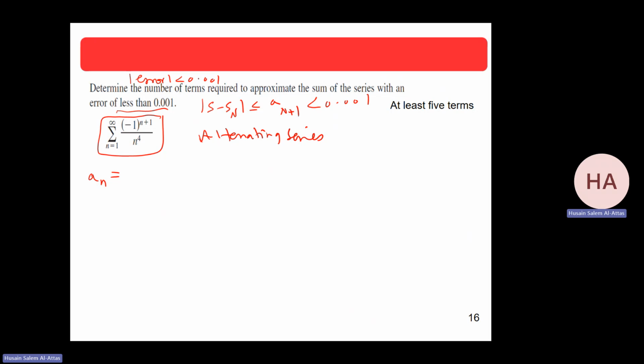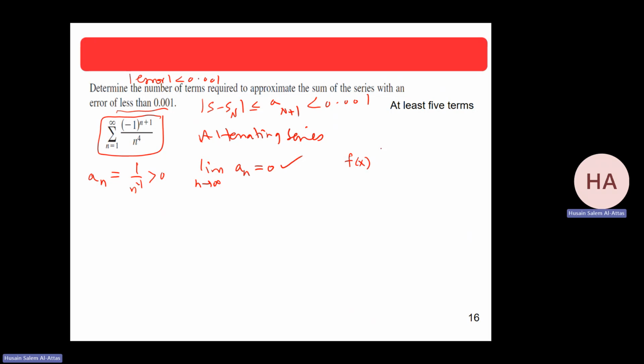An is 1 over n to the power 4, which is positive. The limit of An is 0. That's fine. Also it is decreasing.